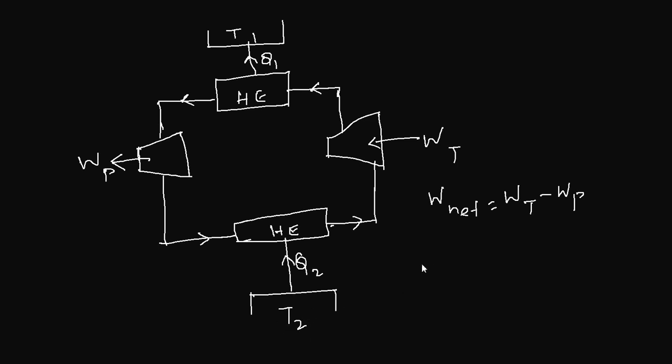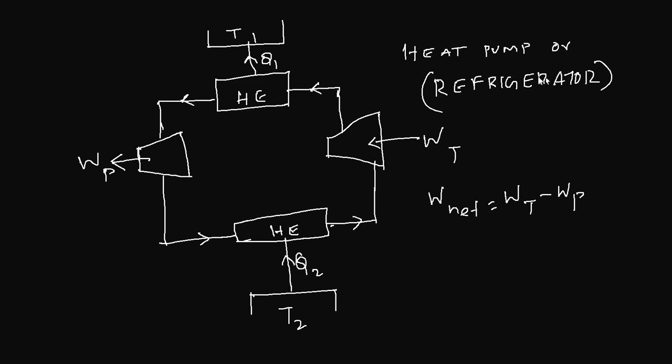So a reversed heat engine can be termed a heat pump or a refrigerator. I'm sure you are familiar with the term refrigerator, but you may not be familiar with a heat pump.